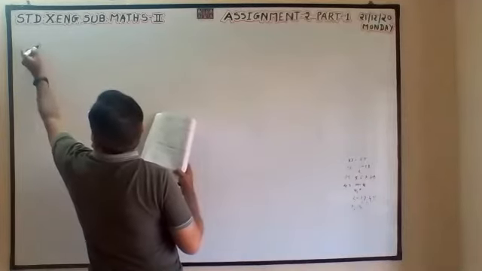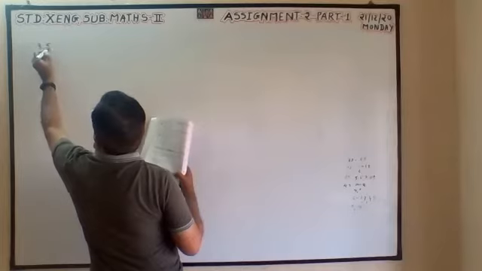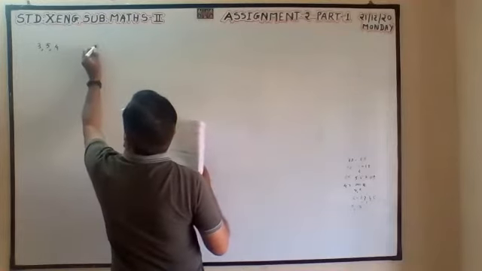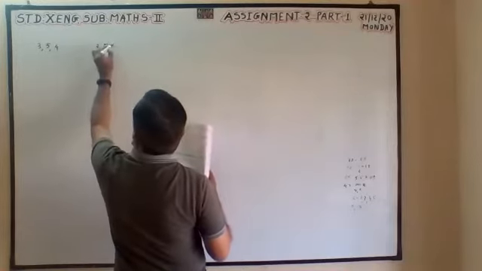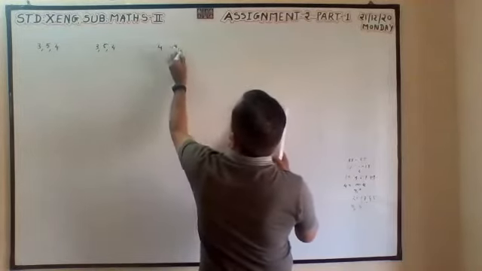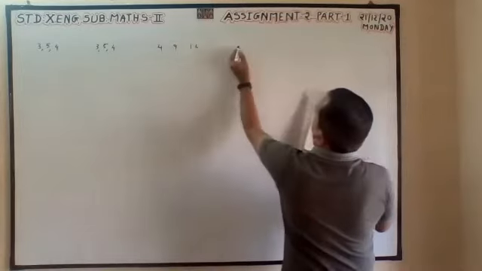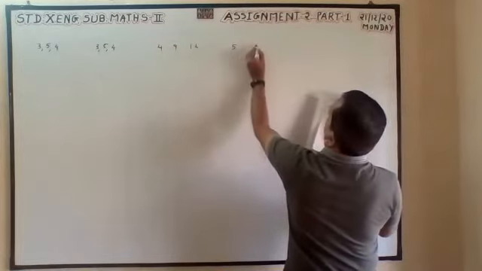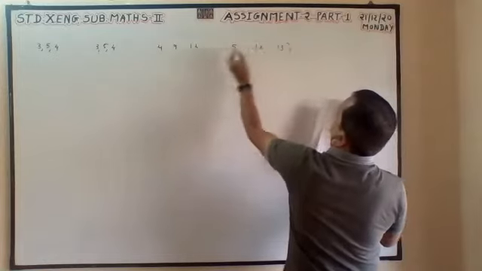Suppose it is 3, 5, 4. Then it is given 4, 9, 12. Then it is given 5, 12, 13.